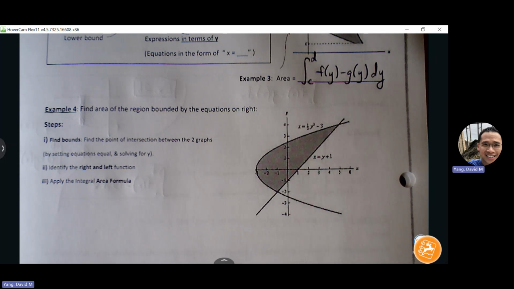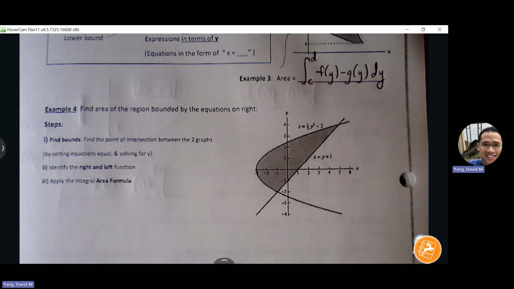So top minus bottom in this region will be this curve minus this curve, but then there's going to be a switch. Once we get past this point, then it's going to be the curve minus a line if we want to do that. So we can do top minus bottom, but we have to separate into two separate regions. But if we do right minus left, then there's more consistency there.